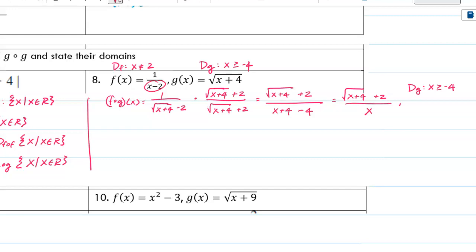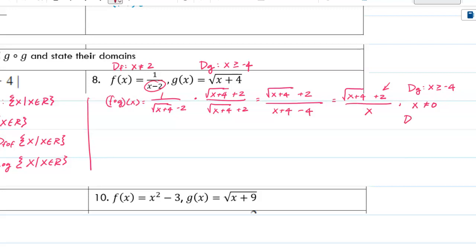And then if you look at the composition function right here, we look at the denominator, we say that x cannot be 0. So therefore it can be greater than or equal to negative 4, but it can't be 0.